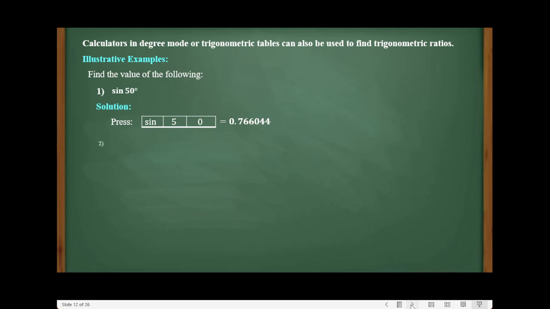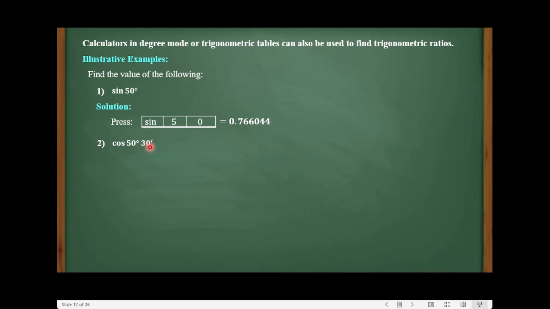For number 2, we have cosine 50 degrees, 30 minutes. Now maybe in the next meeting I will explain what 30 minutes means. But anyway, let me give you an idea.